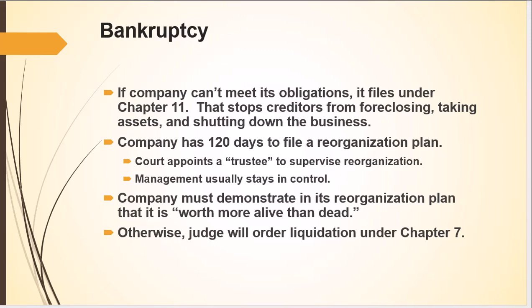But essentially, the company has to say, "Look, we're worth more alive than dead, right? There's more value here. We're struggling right now." If we thought we were not worth more alive than dead, then the judge would order liquidation. We would sell all the assets and then pay off all of our debts, and the company would go out of existence. So how can we predict bankruptcy, right?